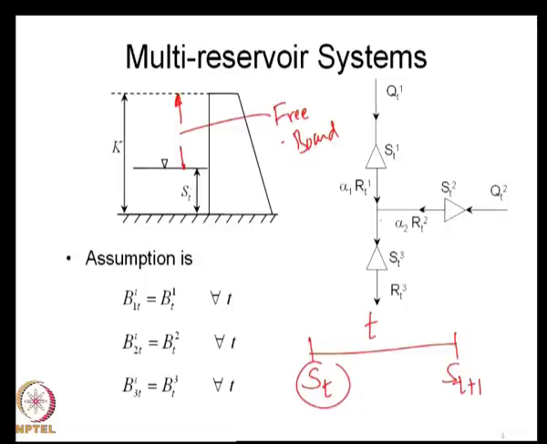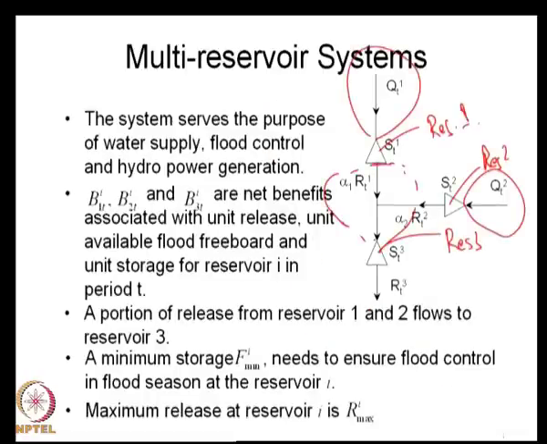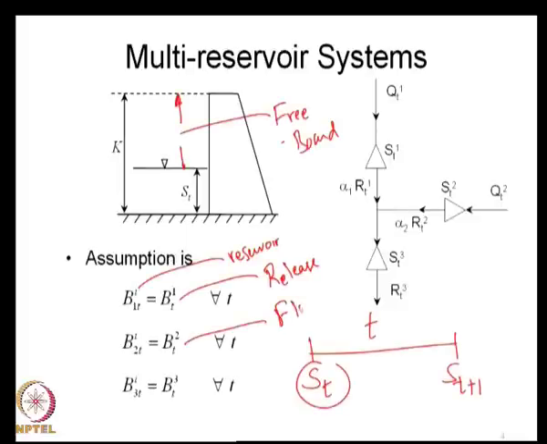And then what we do is, for this example, we will say that the B1 T, B T I, this I refers to the reservoir. We are assuming that at all the reservoirs, the constants B T remain the same. So, this is for release and this is for storage. Let me just take this B2 T is for flood freeboard and this one is for hydropower or the reservoir storage itself.